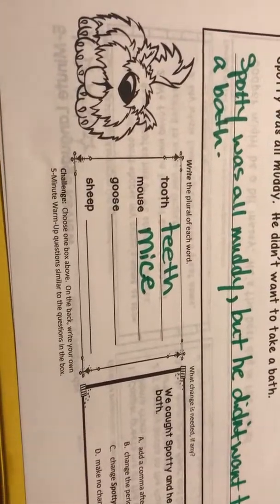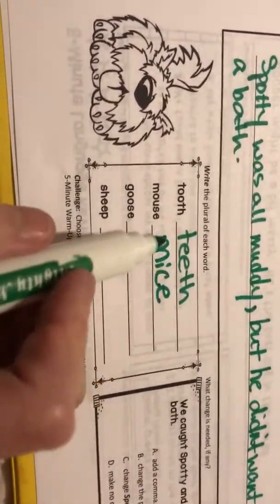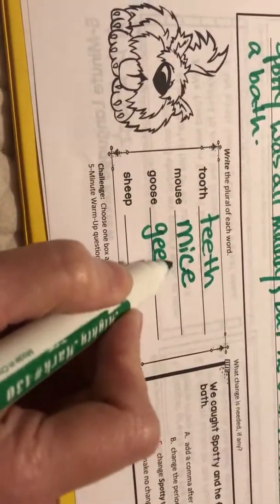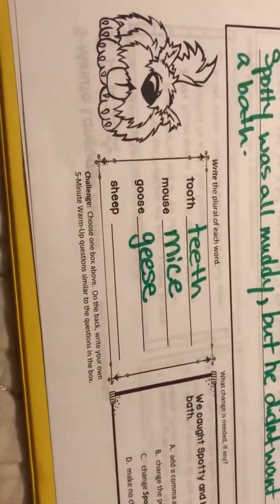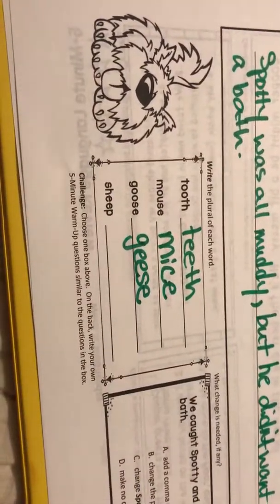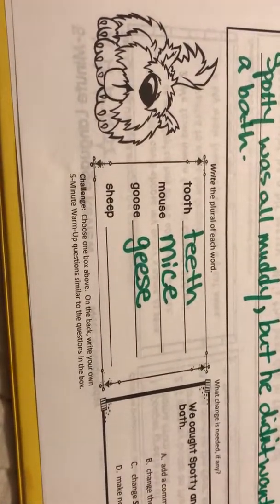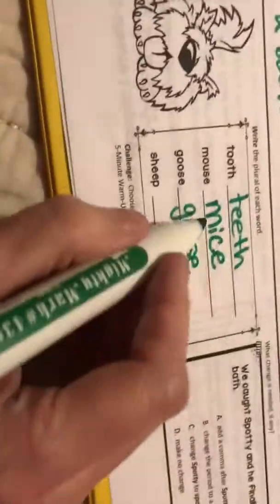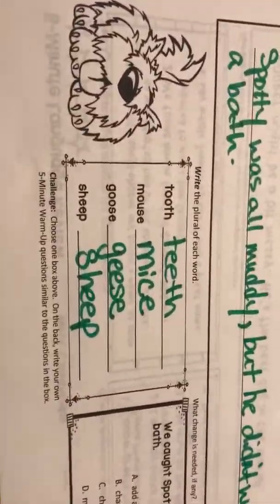One goose, five geese, G-E-E-S-E. One sheep, eight sheep. You don't change that one. It's just sheep. Got those?